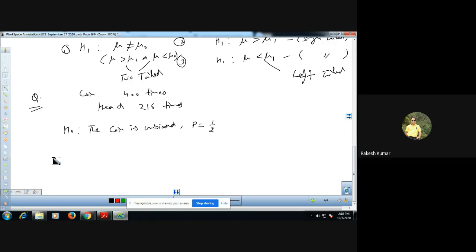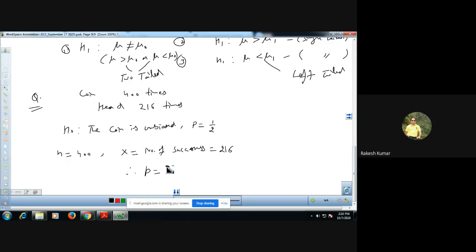And we can take the sample. The sample is 400. This is the sample size, and we can write down that x is the number of heads or number of successes. It comes out to be 260. So therefore we can calculate the proportion of success in the sample.